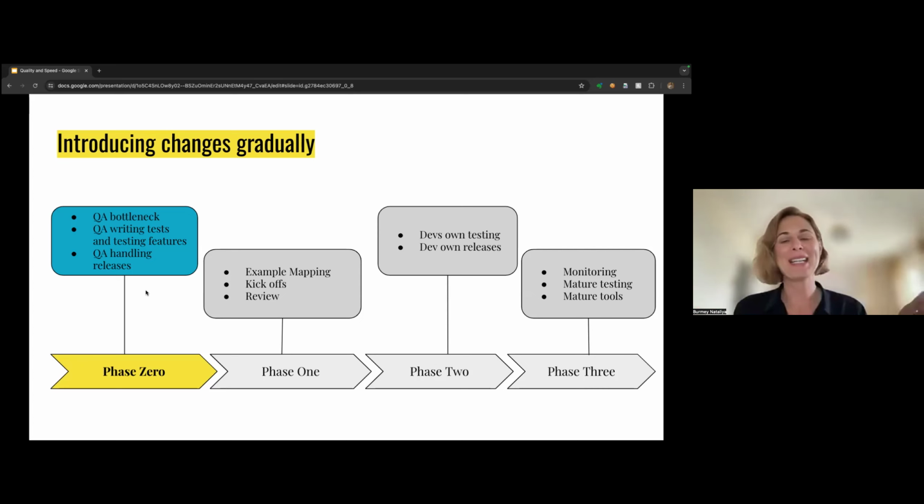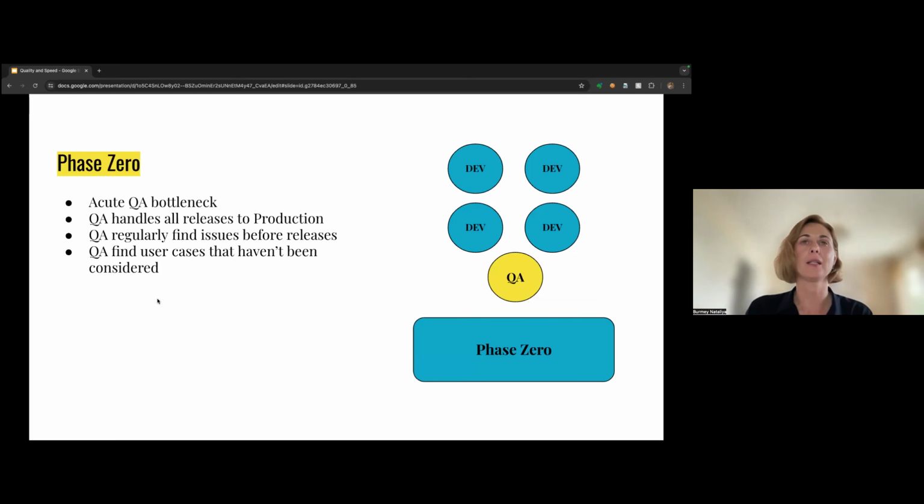And they're coming in, because development is moving fast, and you just think, oh my God, what am I doing next? That feeling, I get it, I've been there. And we were still writing lots of tests as well, automation, manual and exploratory. So it's a lot of things to do. And we were handling releases of native apps, regression, and many things like that. So this was phase 0 and everyone started there, right? It was a starting point.